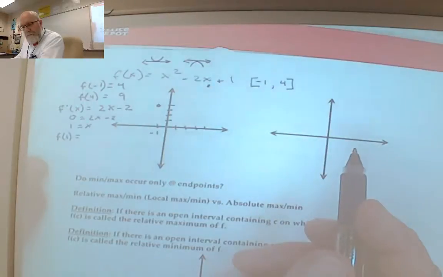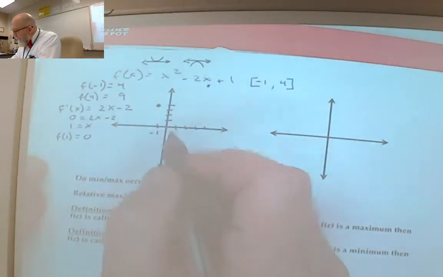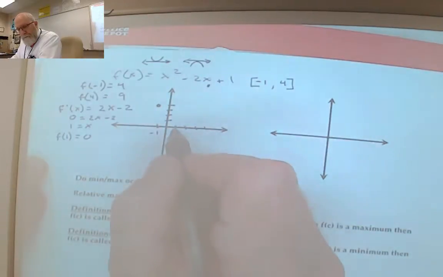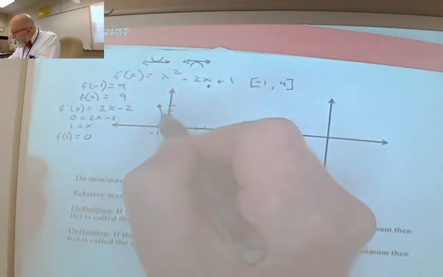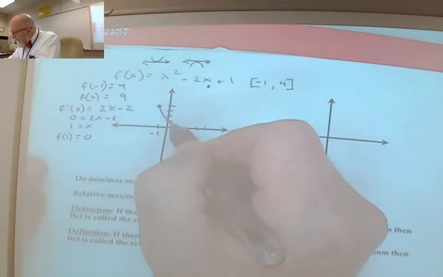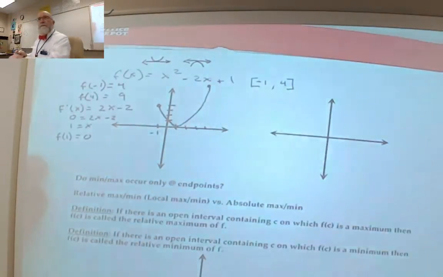I get 0. Yeah, I get 0. So right here, my point is (1, 0). So that means because it's a parabola and it's continuous, my graph in that interval looks like this.